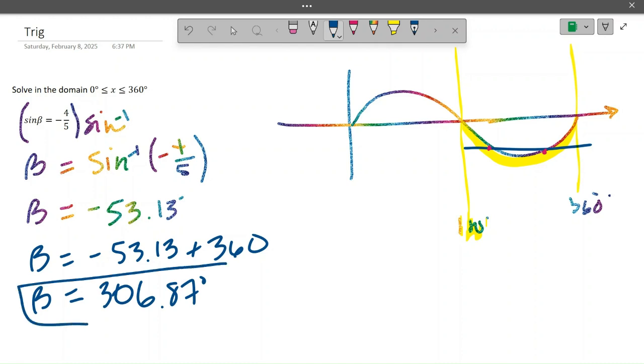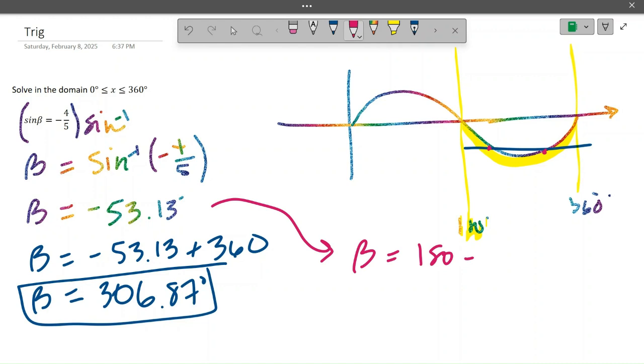So that's one of my solutions. Okay, and now I need to find my other solution. So I'm going to use this value again, but this time I'm using my rule that says that we get two values within 180 degrees. So what I'm going to do is I'm going to say 180 degrees, take away my initial value, which is -53.13 degrees.